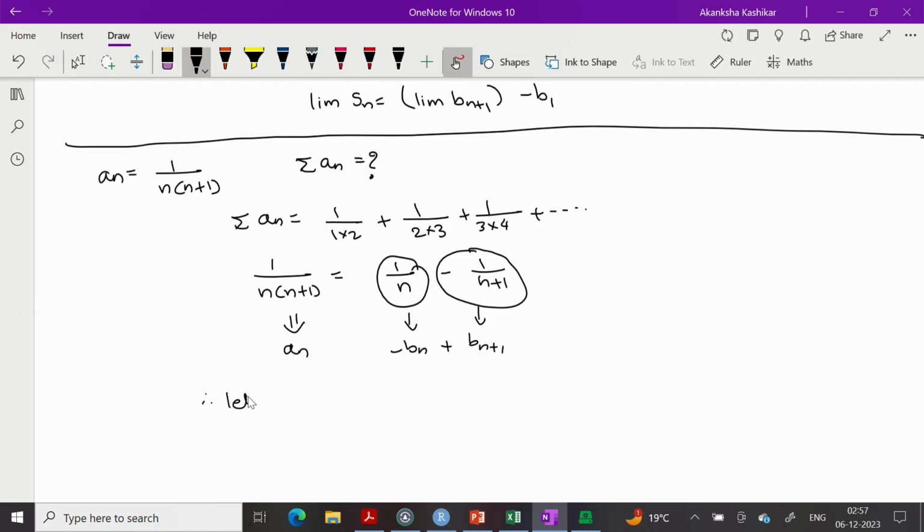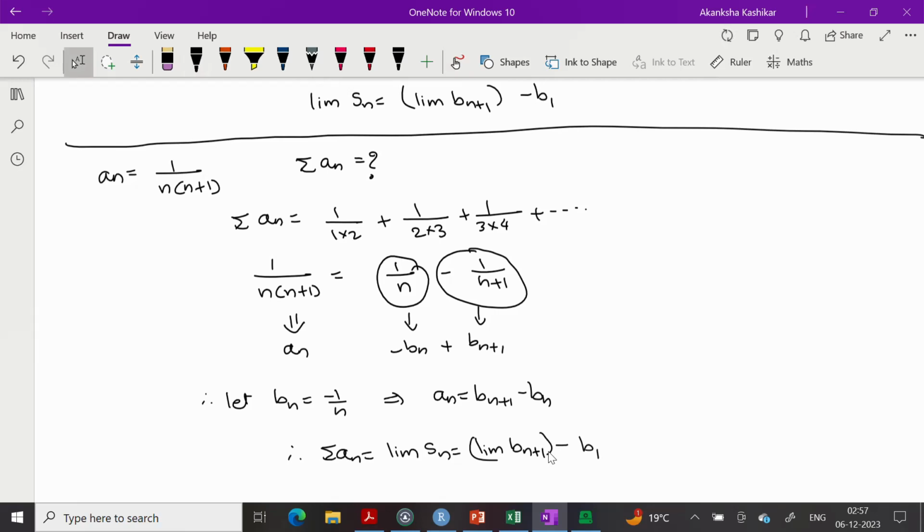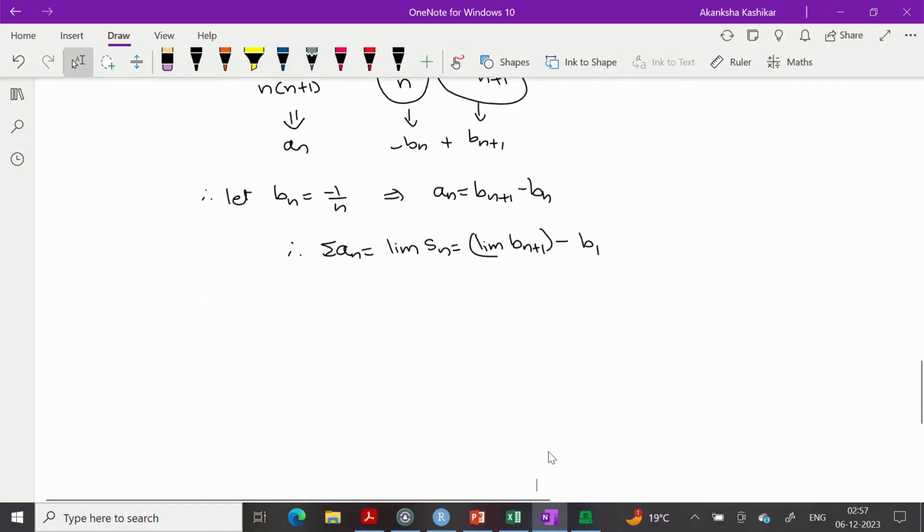Therefore let bn equal to minus 1 by n, which implies an is equal to bn plus 1 minus bn. Hence we have a telescoping series, therefore summation an is the same as limit of Sn, which is the same as limit of bn plus 1 minus b1, because we have shown this earlier.